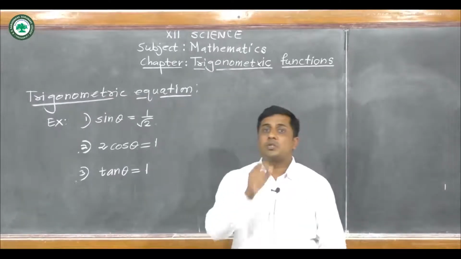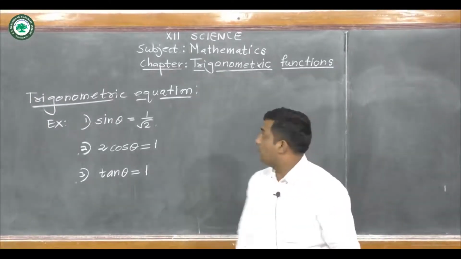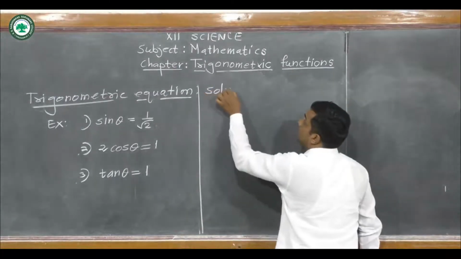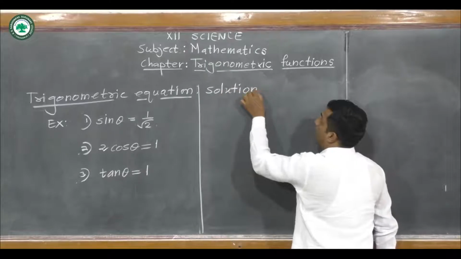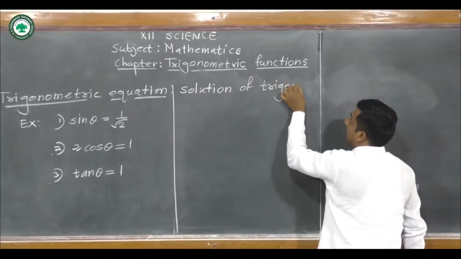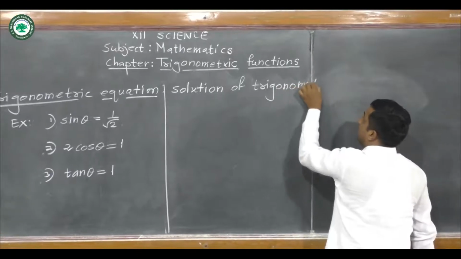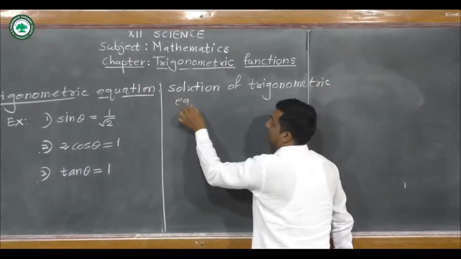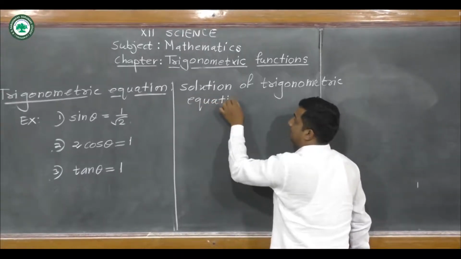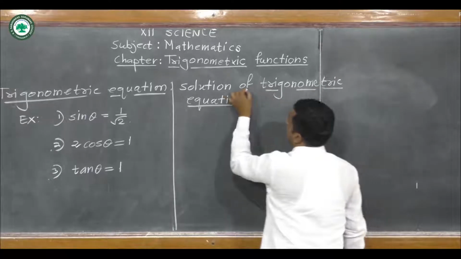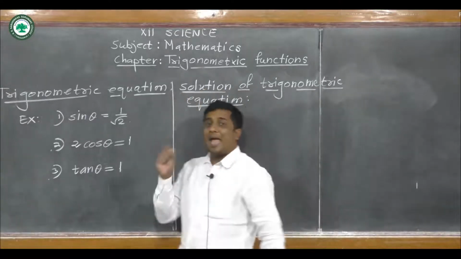Now we define the solution of a trigonometric equation. To define this we consider the variable, that is, the angle.